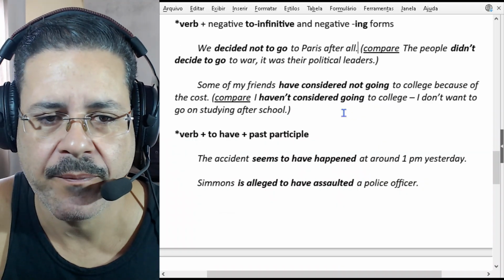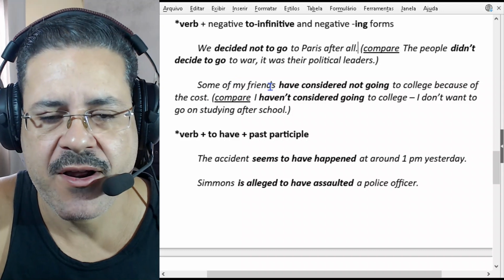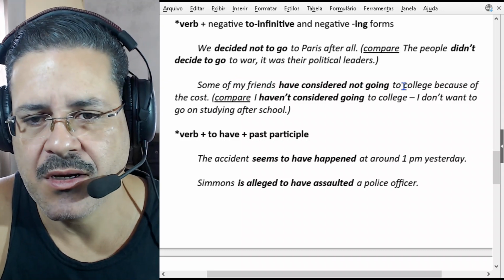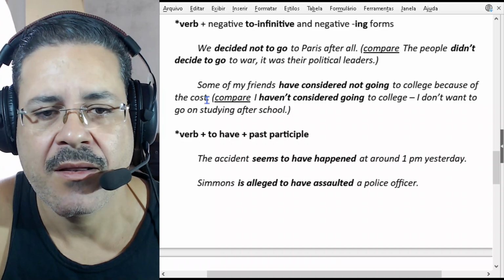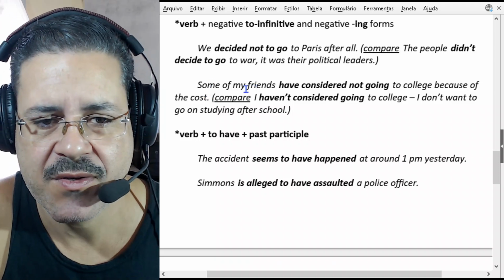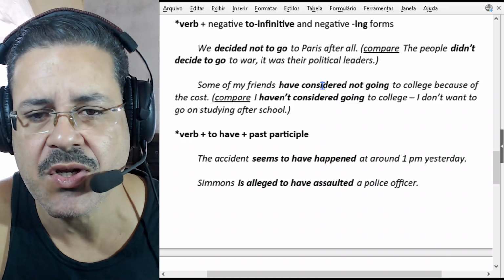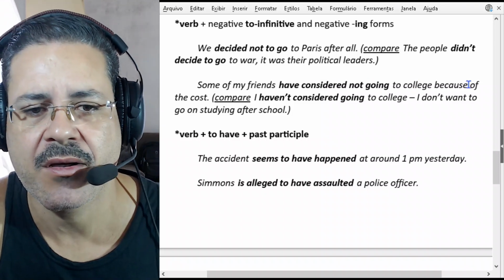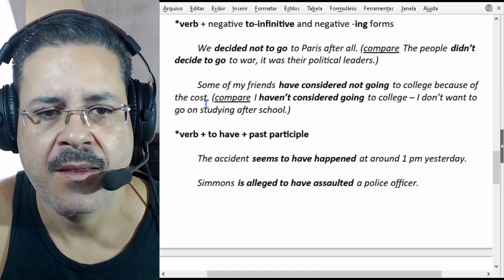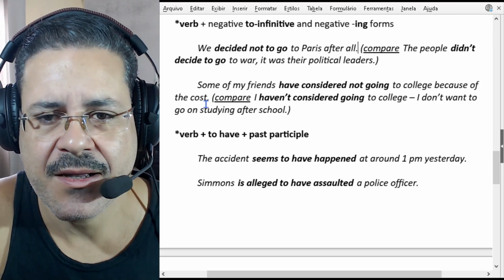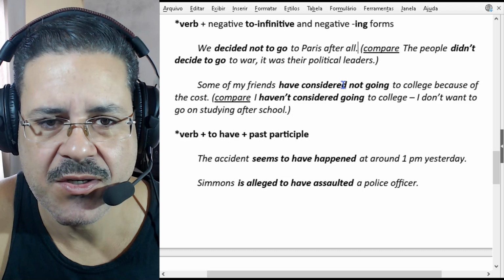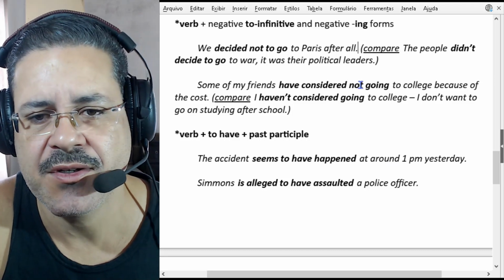Okay, moving on. Some of my friends have considered not going to college because of the cost. So, they've taken the decision. Some of my friends have considered not going to college because of the cost. This is the verb plus negative, have considered plus negative to infinitive.